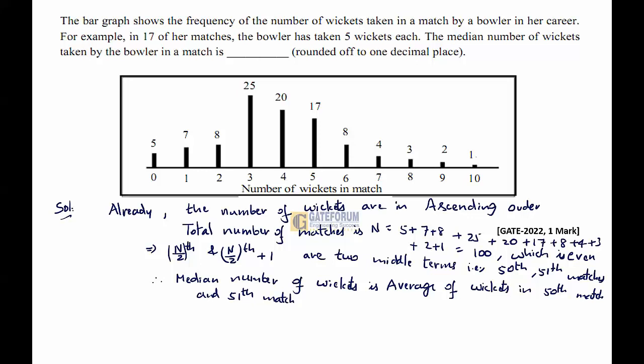So observations means here the number of wickets. Frequency means the number of matches. So here the 50th match and 51st match are the 2 middle terms.